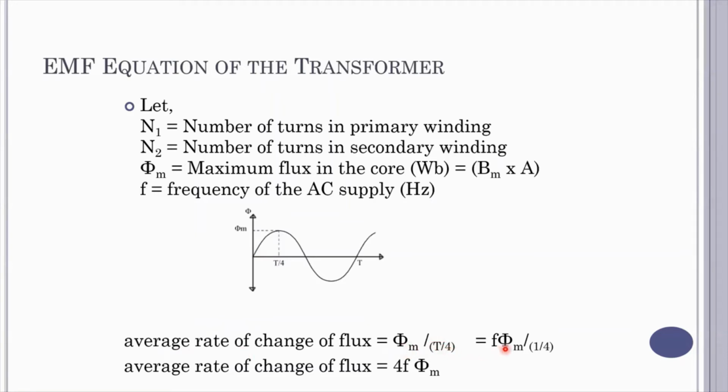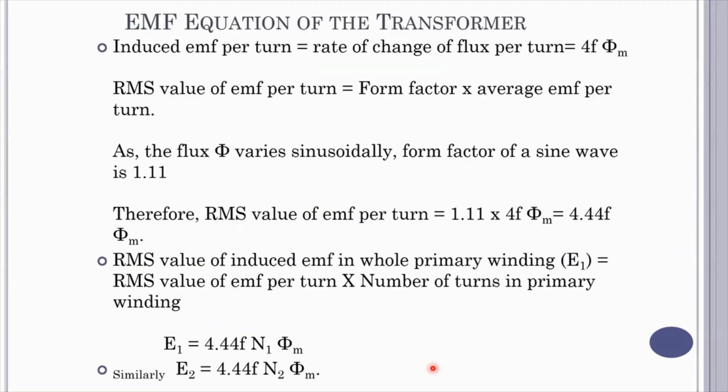And we know 1 by T is frequency, and hence we write 4f phi m. And now this is the rate of change of flux, or this is the EMF that is induced at an average rate. And we know when an average value is multiplied by the form factor, we get the RMS value.